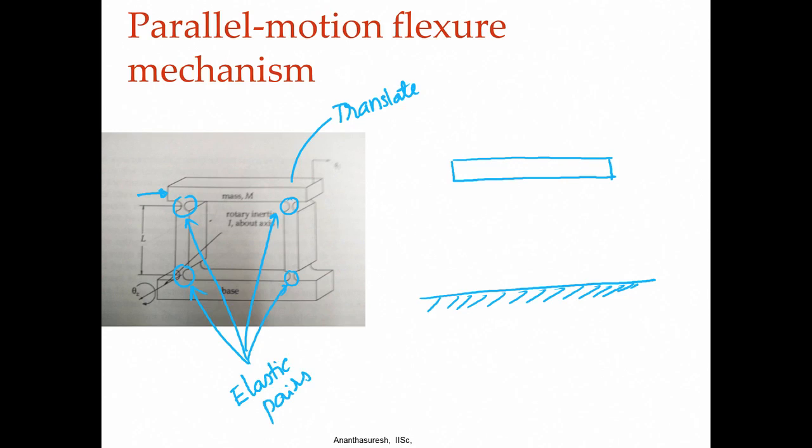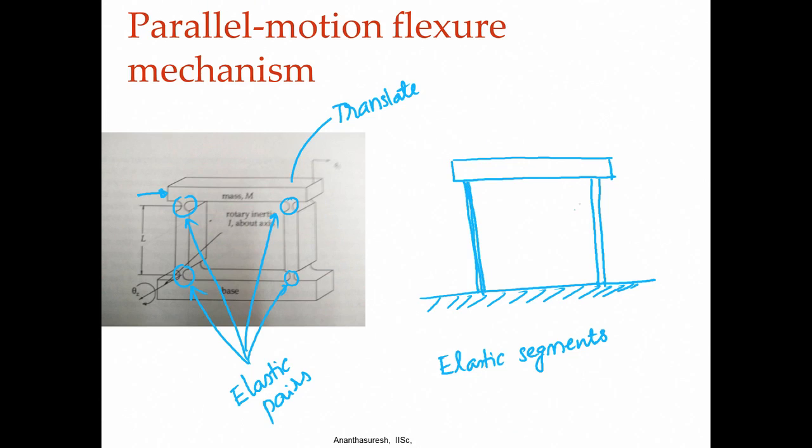Instead of using them, now we will use elastic segments or beams, slender beams. They are slender because their length is much longer than their cross section dimensions, which we can just show like lines. I can show as thin lines. They both can be identical.